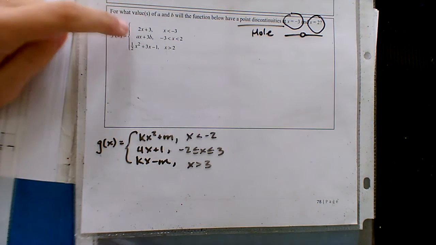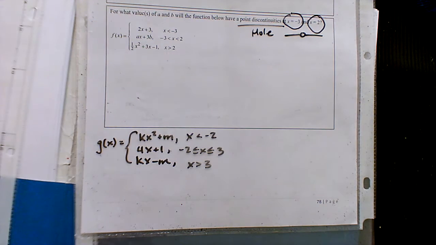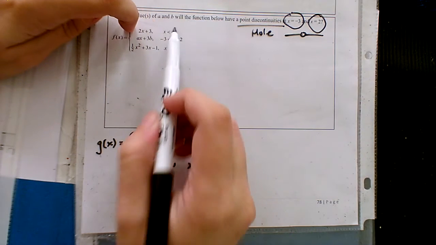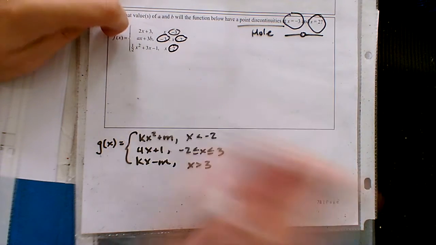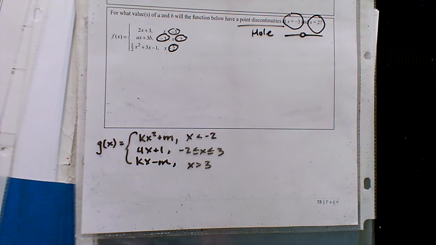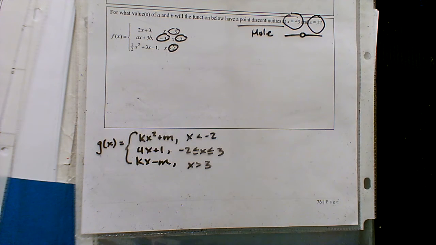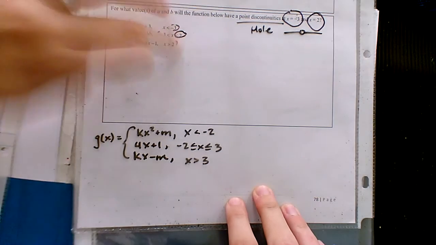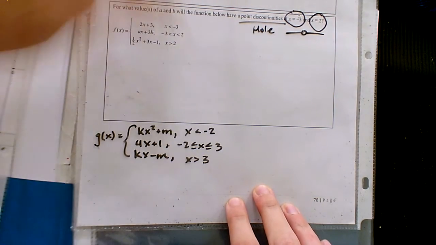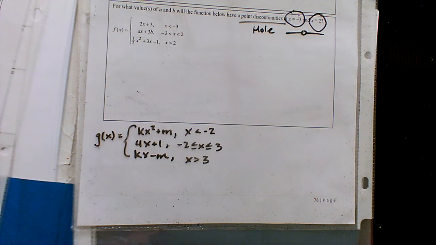Now, if we analyze the equation a little bit further, like we were doing yesterday, notice how -3 and 2 are those special locations, because that's where one equation ends and the next one begins. So those numbers that they told us make sense. We definitely want to check those spots. How can we determine if we're actually going to have a hole at those locations?